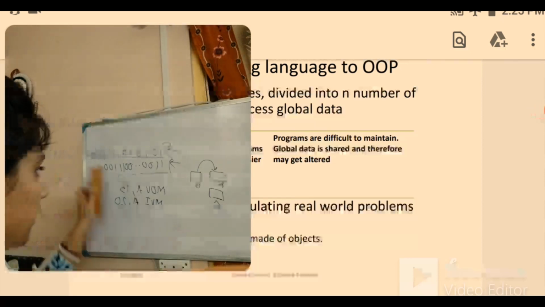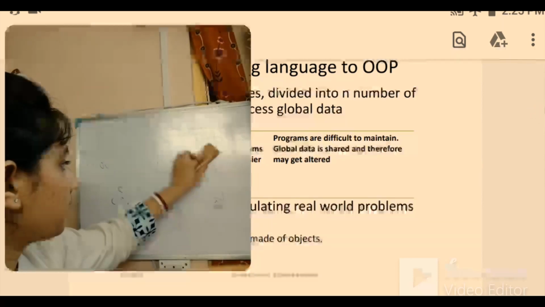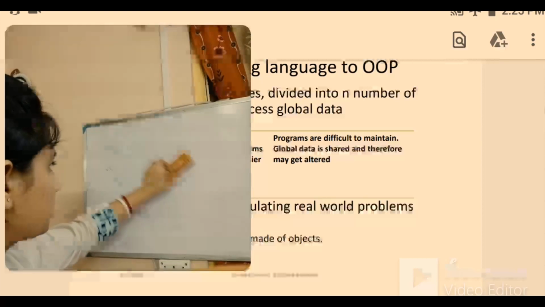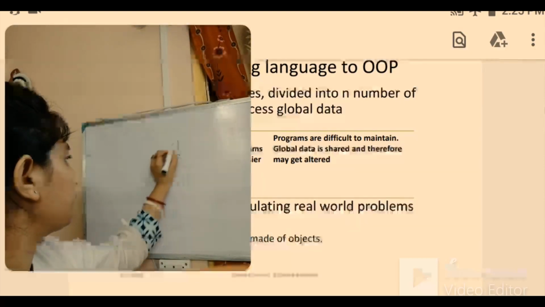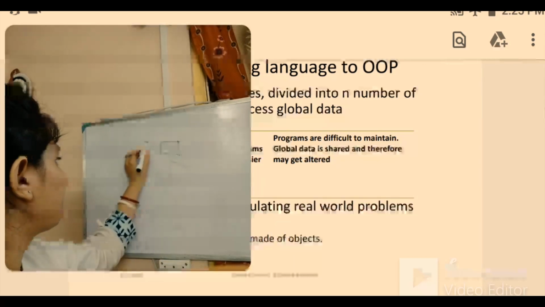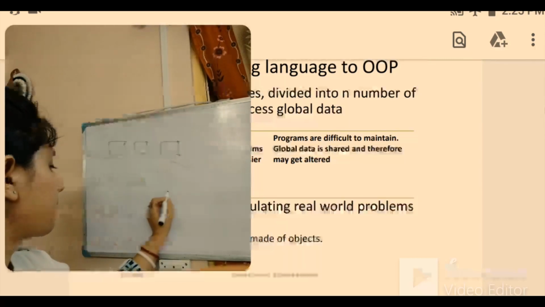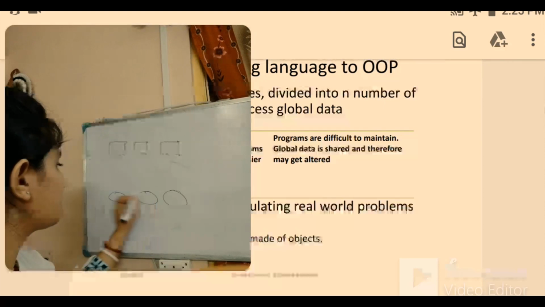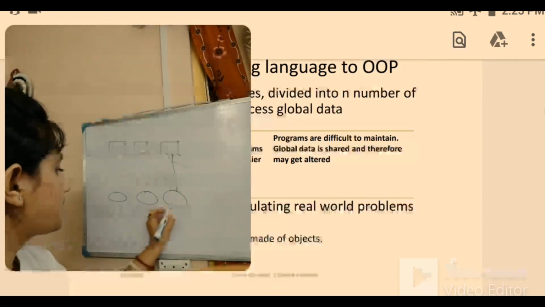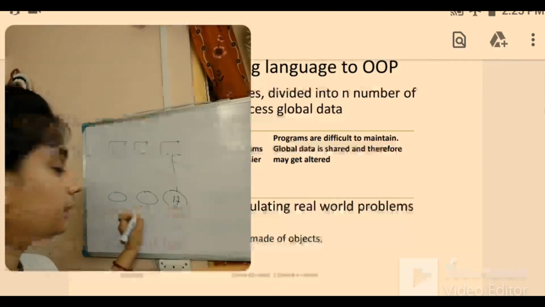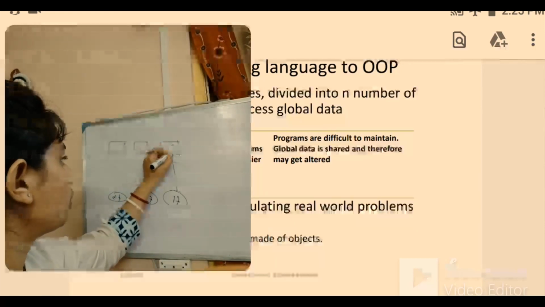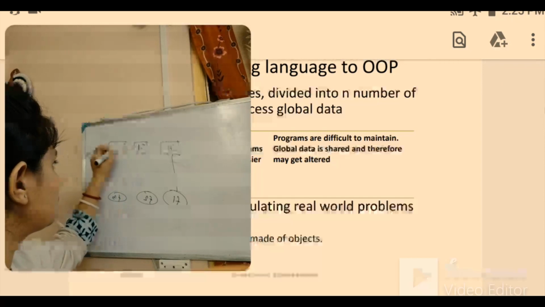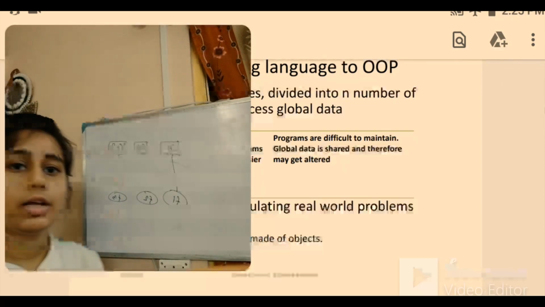Say this one is function F1, this one is F2, this one is F3, and this is global data G1, global data G2, global data G3.